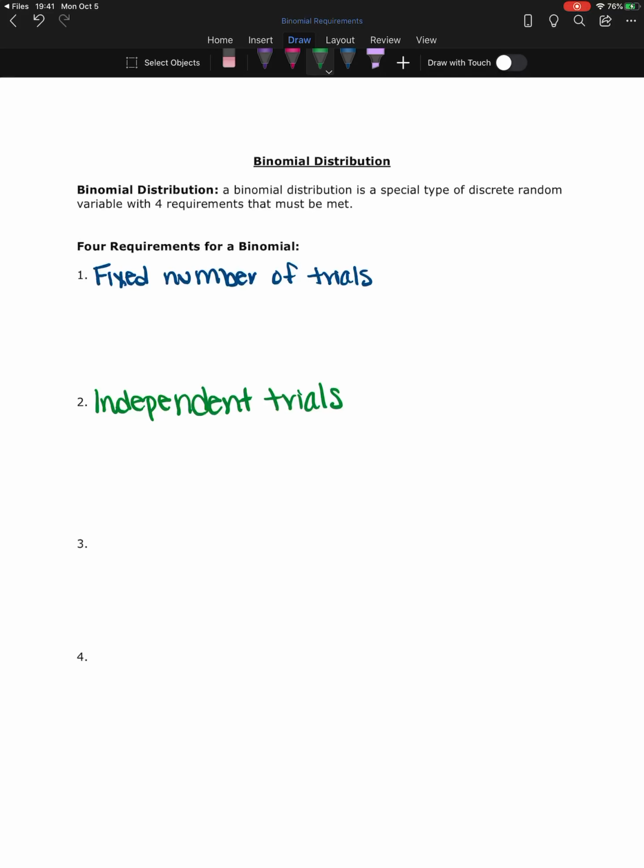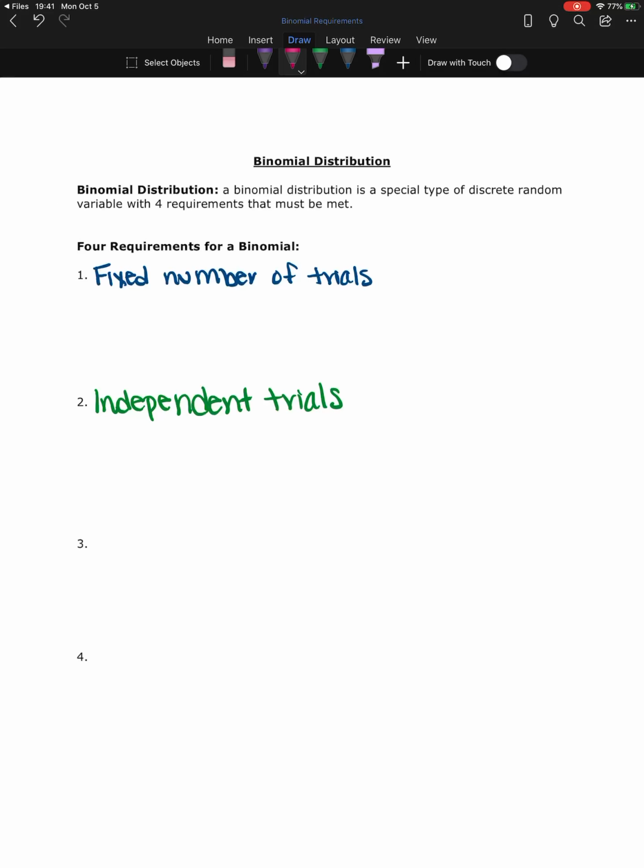So rolling a die, each time we roll a die, that is an independent trial. Each time we flip a coin, those are independent trials. If we randomly choose people from a population, those people are independent of one another because they were chosen randomly.